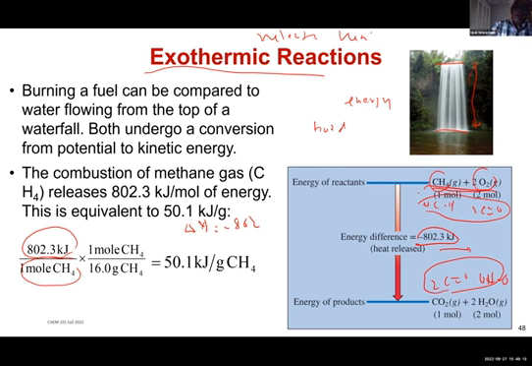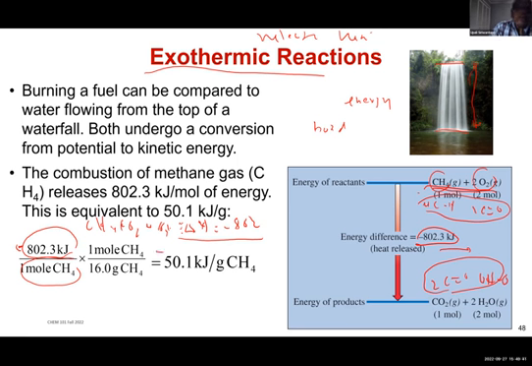So in a chemical reaction, after carbon dioxide and water, we put a parenthesis and write down the heat of reaction. This is the conversion factor. This needs to be negative, and then we end up with negative energy.